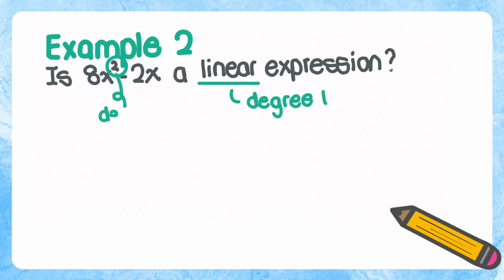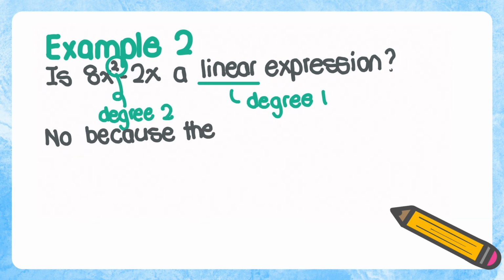But if we look at the 8x squared minus 2x, we notice that the highest degree is 2. That means it is not a linear expression. So no, this is not a linear expression because the highest degree is 2.